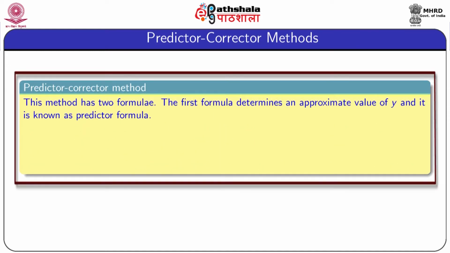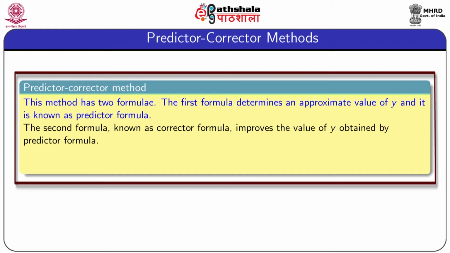Now, we consider the predictor-corrector method. This method has two formulae. The first formula determines the approximate value or the predicted value of y, and it is known as the predictor formula. And the second formula, known as the corrector formula, improves the value of y obtained by the predictor formula.